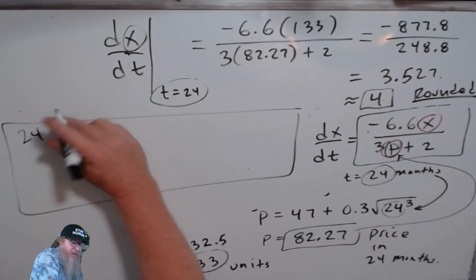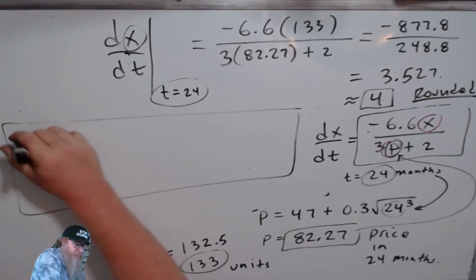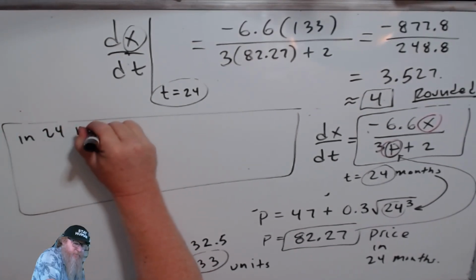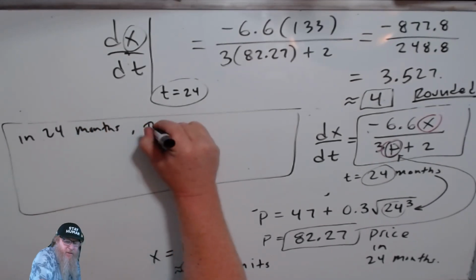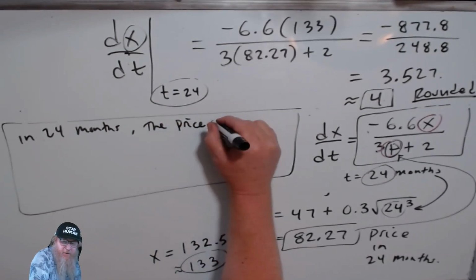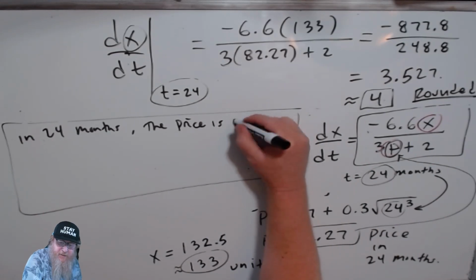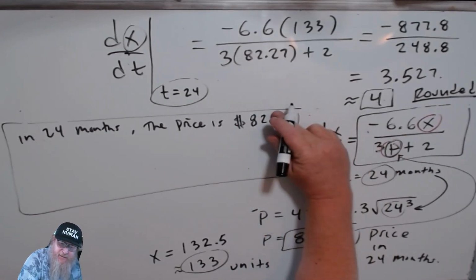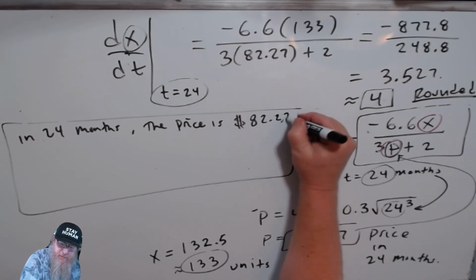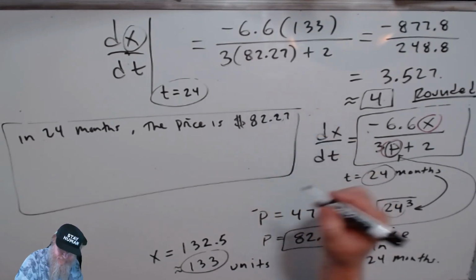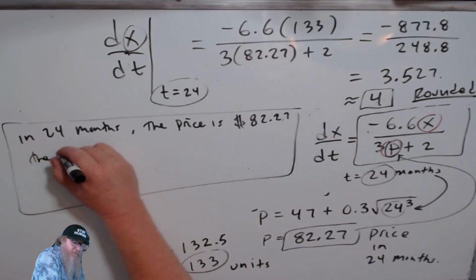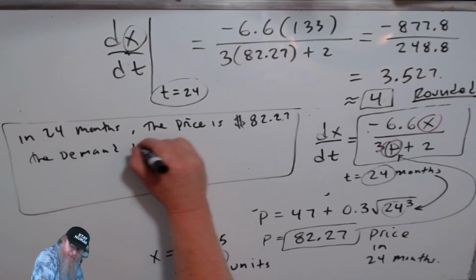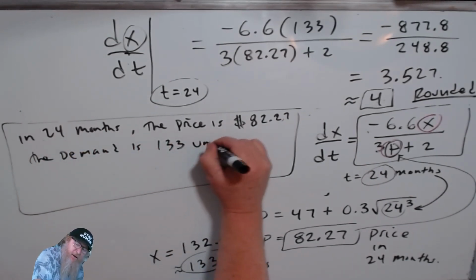24 months from now, the price of a coffee maker is $82.27. The demand is 133 units.